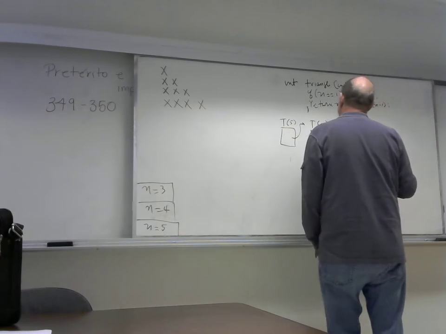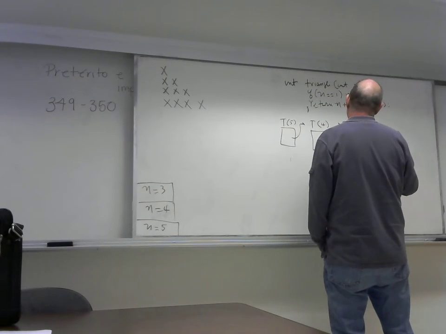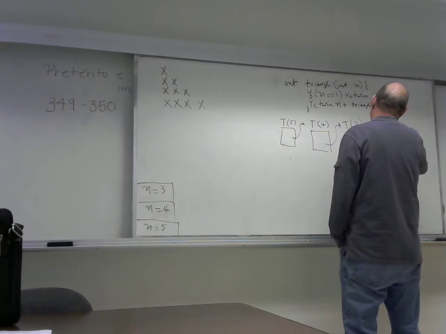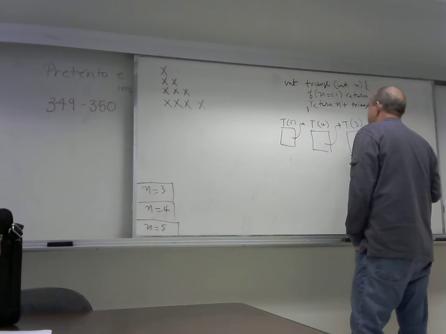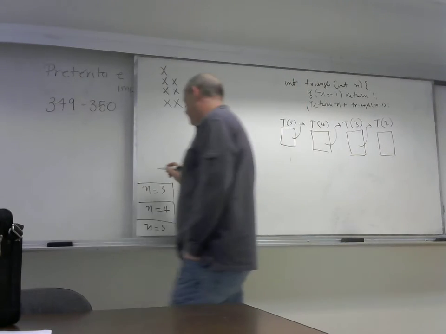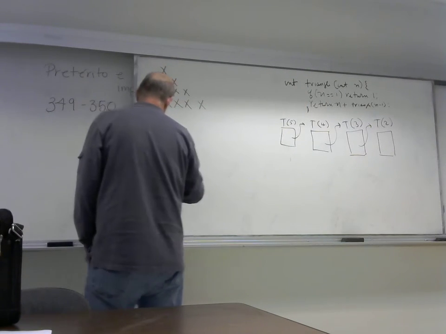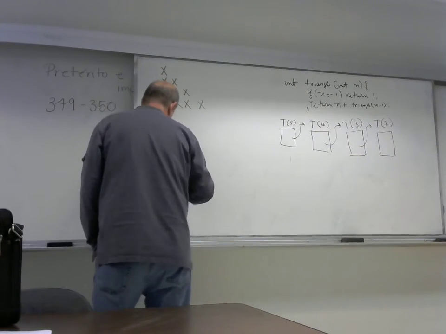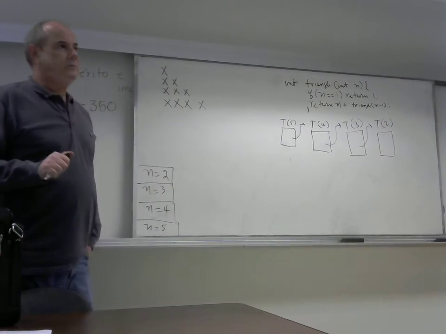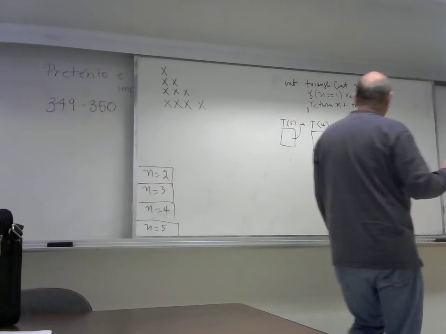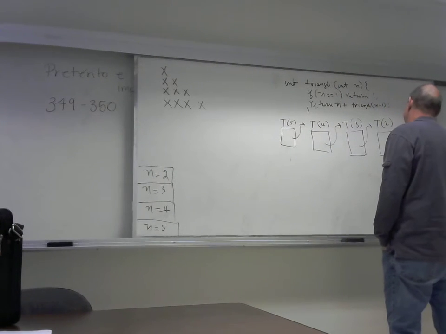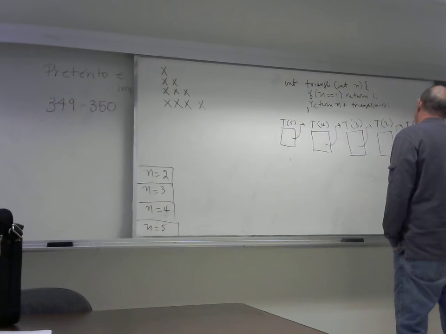Okay, T of 3. So we entered it with n equals 3, and we checked: is n 1? No. So we call T of 2. When we call it, of course, we push it on the stack. Finally, we enter this with n equals 2, and is it 1? No, it isn't, so we call T of 1.